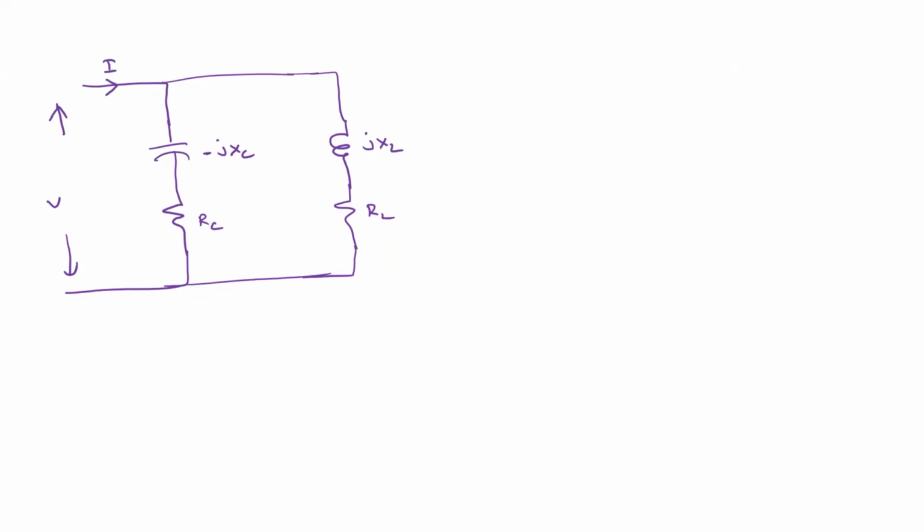For this particular case, how will you find the parallel resonance? That is important, right? Here we need YL, the admittance of this branch, and YC, and you need to calculate Y. What is YL?